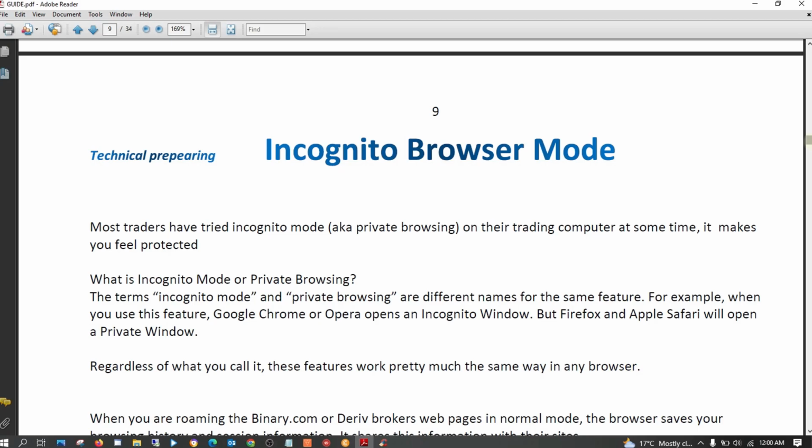When you use the incognito window, all the history that you'll be browsing, all the trades that you'll be doing, will not be recorded. And that recorded history is what the broker needs, so that he can manipulate your browser so that you don't have a lot of wins.